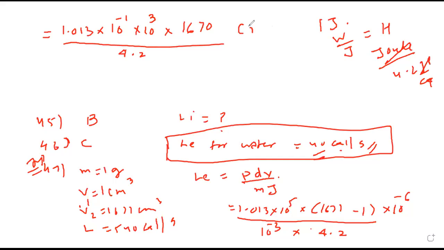So this is calorie per kg, and this is roughly 400 equal to 1600.